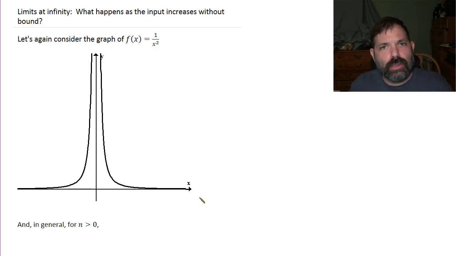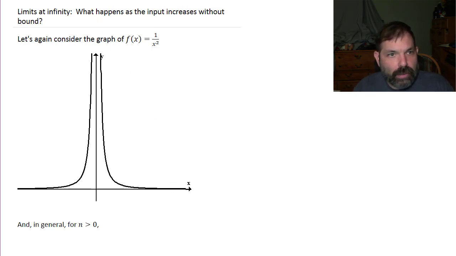So now let's consider limits at infinity, or negative infinity. What happens is if the input increases without bound, whether that's in the positive direction or negative direction. So again, let's consider a graphical example, and let's go back to that graph of the function 1 over x squared.